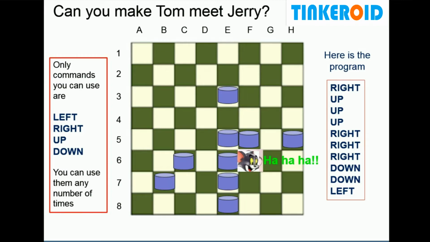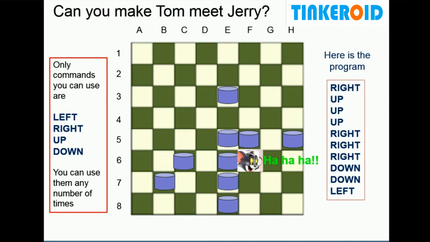First down, second down. Then he will take 1 left. Then he got Jerry. Okay, so we just give a sequence of right, up, down, left commands. These are the only commands allowed. We cannot use any other commands, that is not allowed.